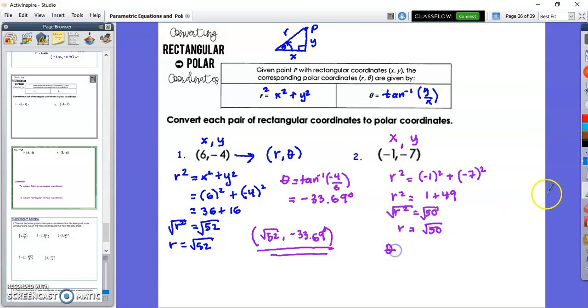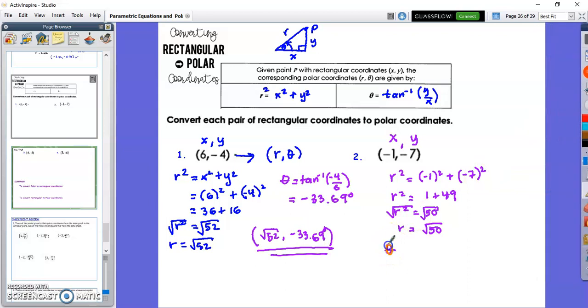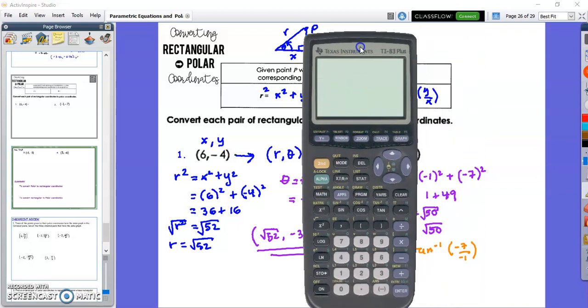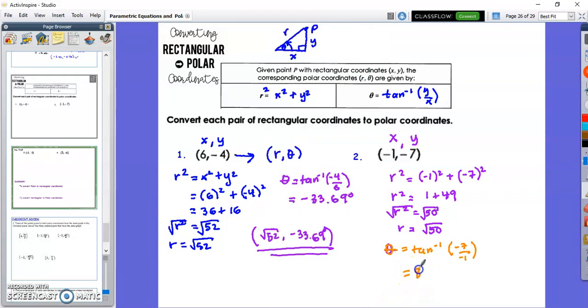Calculating for my theta, I'm going to use arctangent of negative 7 over negative 1. Grabbing a calculator, I have arctangent of negative 7 divided by negative 1, or simply 7, which will give you the same answer, equals 81.87 degrees.